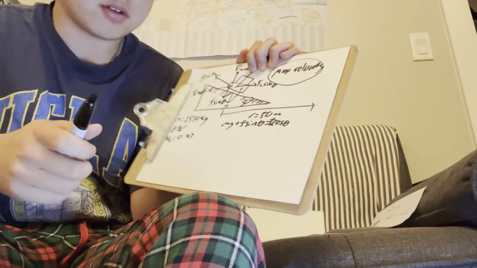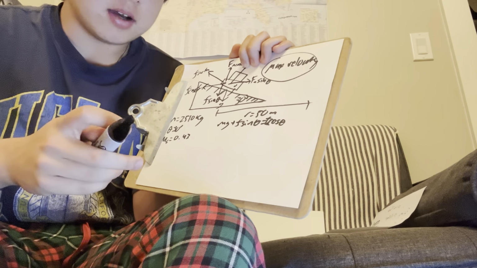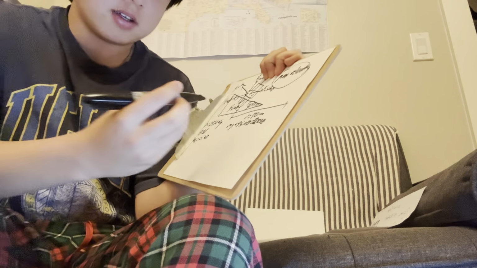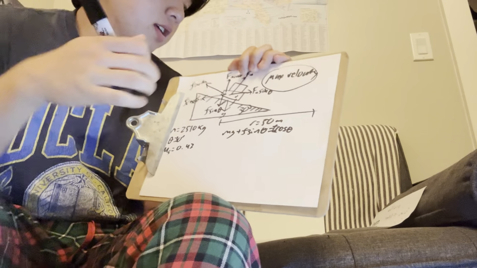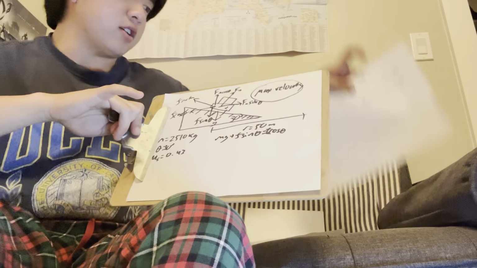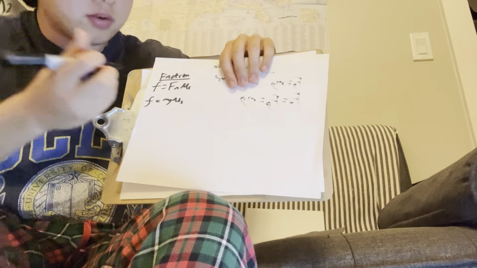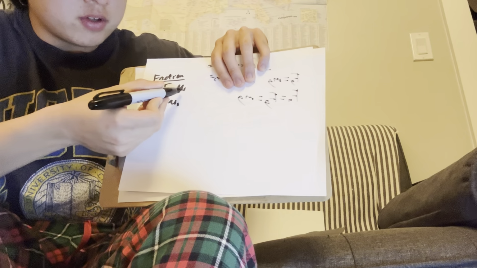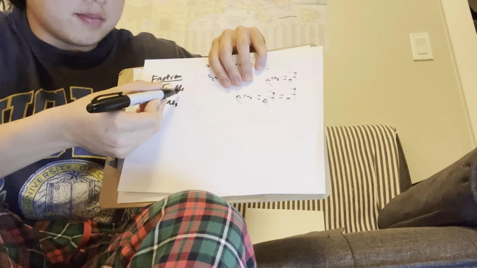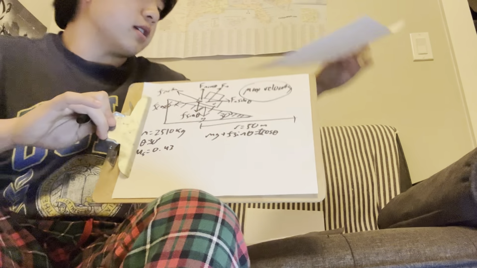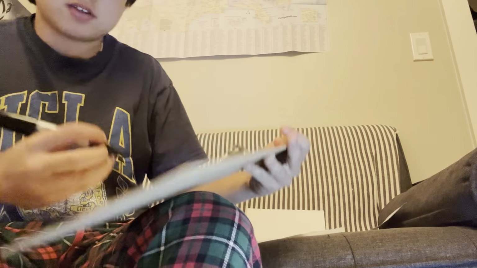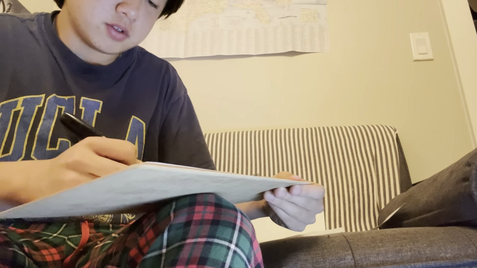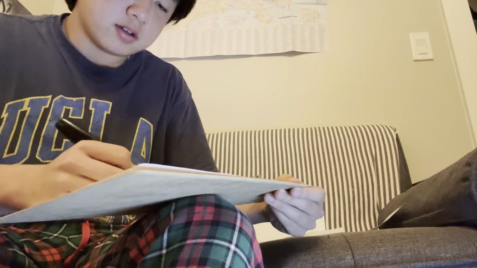So to solve for our normal force here, what we're going to do is turn our friction into our other form, which is the normal force times the coefficient of friction. So let's rewrite this equation: mg plus f.